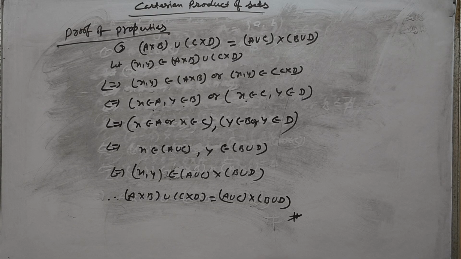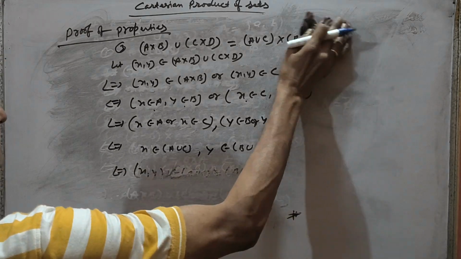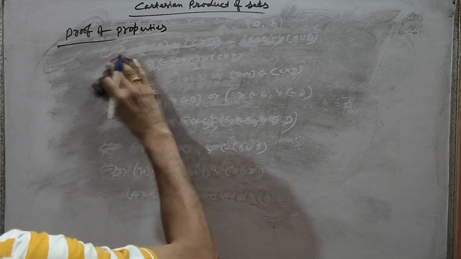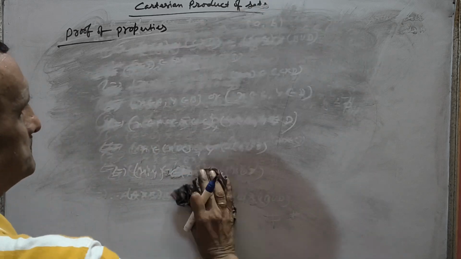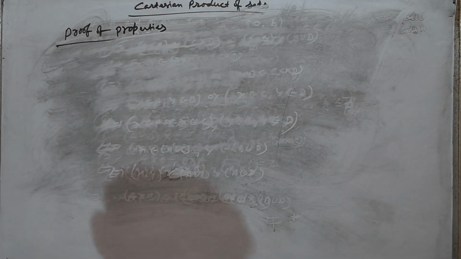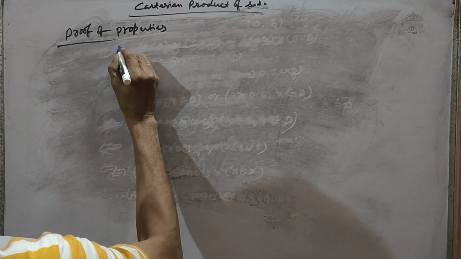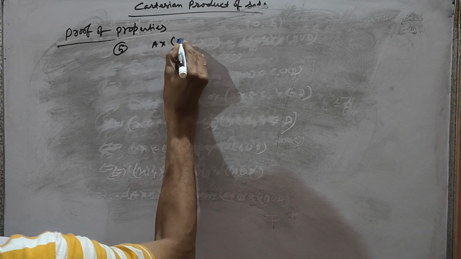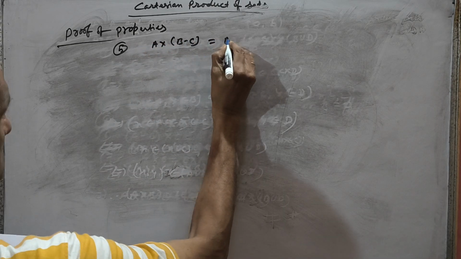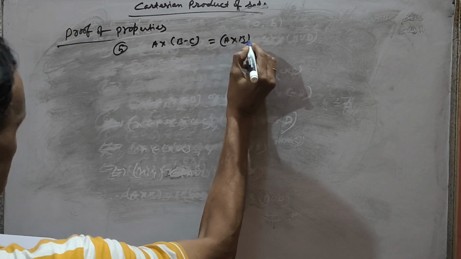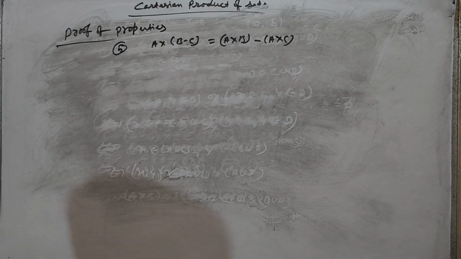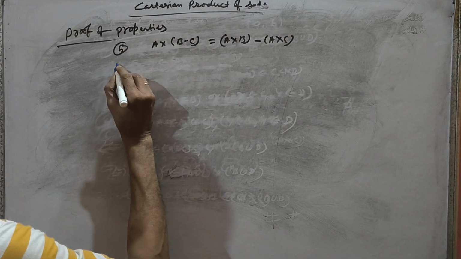Next number, A cross (B minus C). Number 5: A cross (B minus C) equals (A cross B) minus (A cross C). Start the same way.